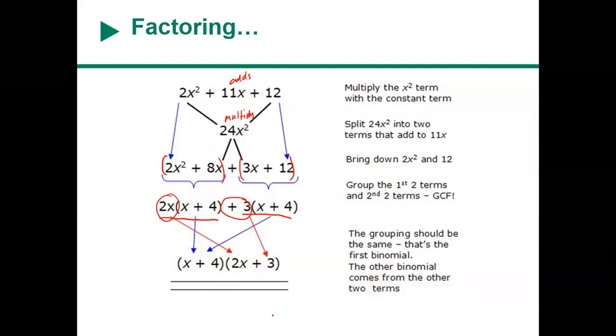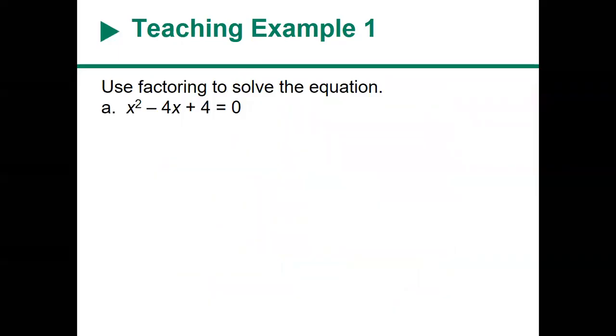Okay, so factoring. Now, if your leading coefficient is a 1, it makes it so much easier, just because you're now focused on the C and the B and not going to worry about the A. So this is an example of when your A is 1.